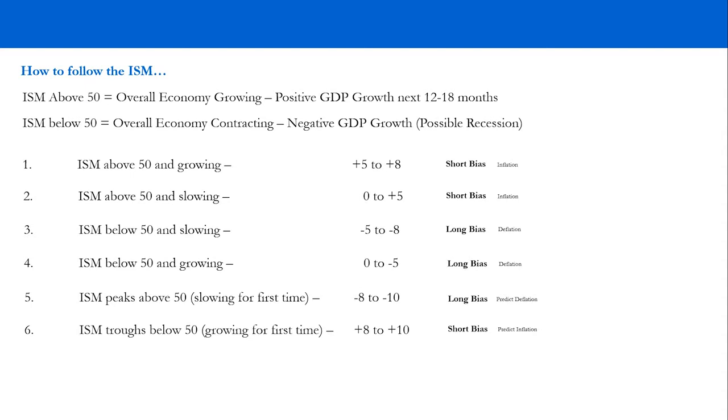So we're predicting that in 12 to 18 months' time, the economy is going to have negative real GDP growth. And that means we're looking to have a long bias on the currency because deflationary conditions cause a currency to have the opposite situation in terms of inflationary conditions.